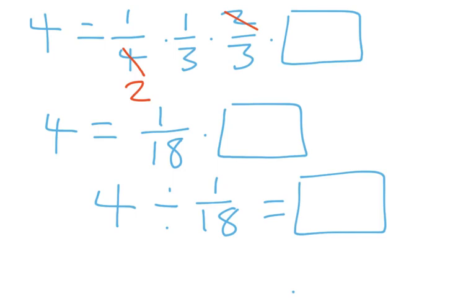That's the missing factor approach to understanding division. That missing factor is 4 divided by 1/18. What that means is that this whole question boils down very simply to what is 4 divided by 1/18?